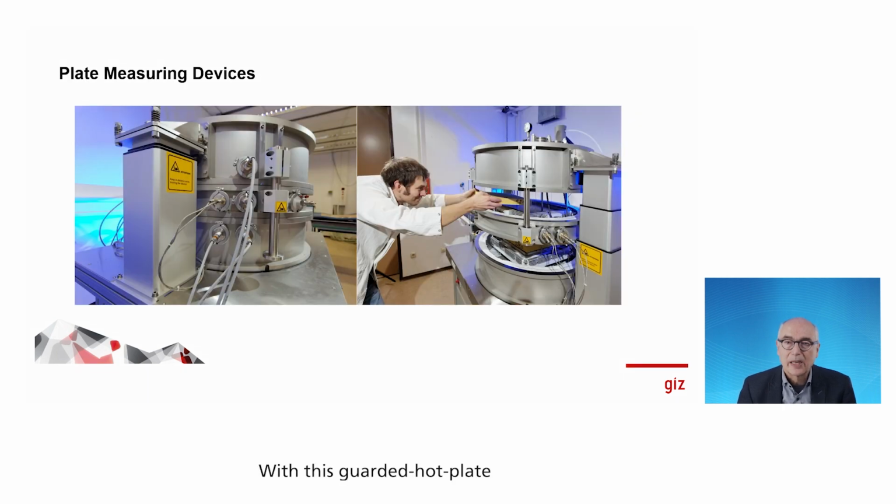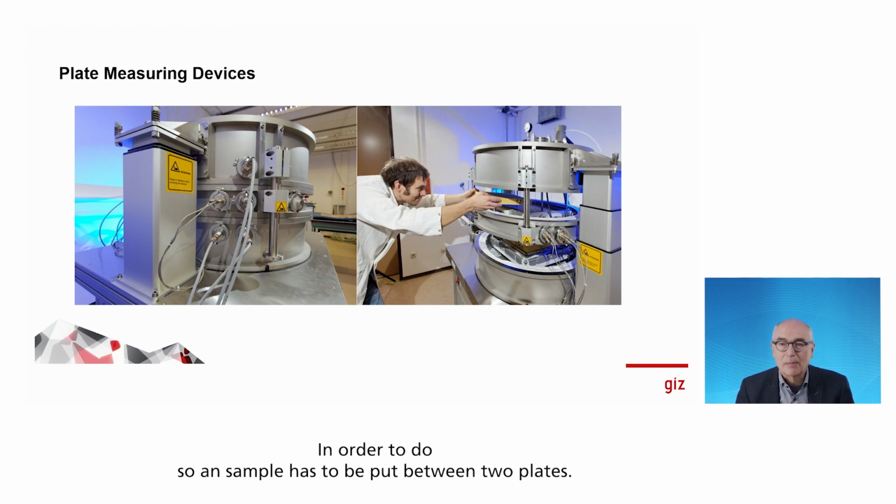With the guarded hot plate apparatus, the thermal conductivity of such building materials with dimensions of about 150 by 150 mm can be precisely measured. In order to do so, a sample has to be put between two plates. One side is heated and the other side is cooled.